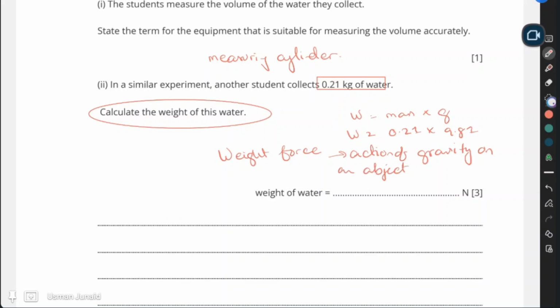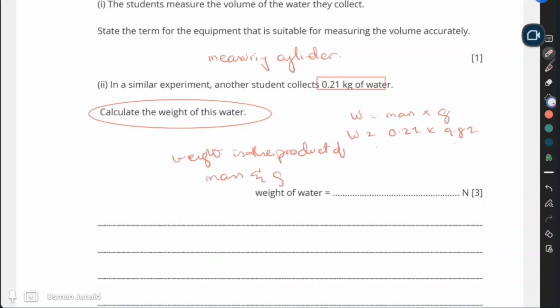So weight, in another sense, is the product of mass and gravity, or the gravitational field strength, or the gravitational constant, right? The gravitational constant on Earth is 9.81. This is something that you have to remember because it helps in almost every question, wherever gravity is mentioned.